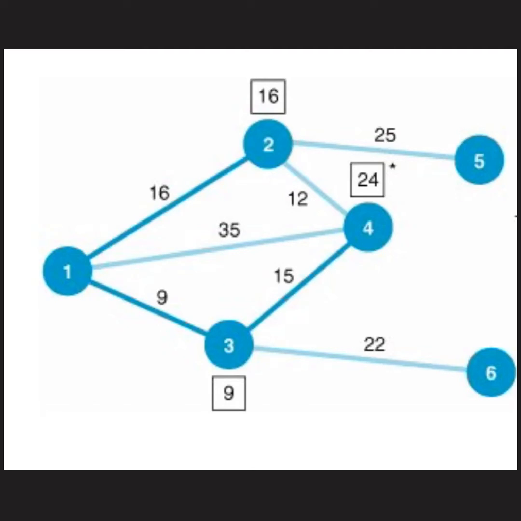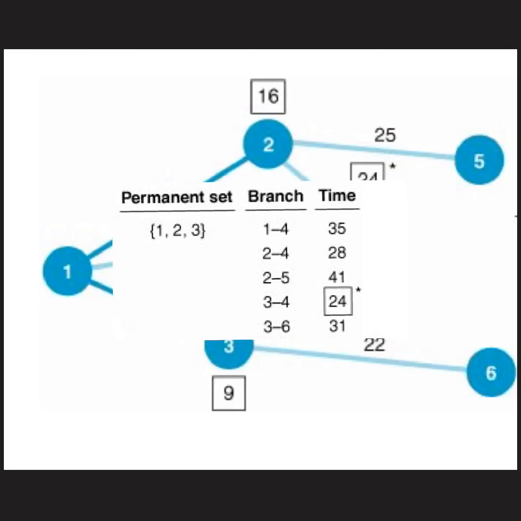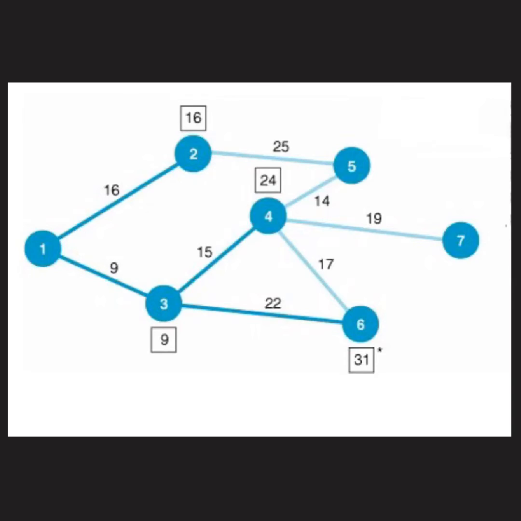In addition, node 4 is now connected directly to node 2 because node 2 has joined the permanent set. 5 branches lead from the permanent set nodes, which are 1, 2, and 3, to their directly connected nodes, as shown in the table accompanying the figure. The branch representing the route with the shortest time is 34, with a time of 24 hours. Thus, we have determined the shortest route to node 4, and it joins the permanent set.